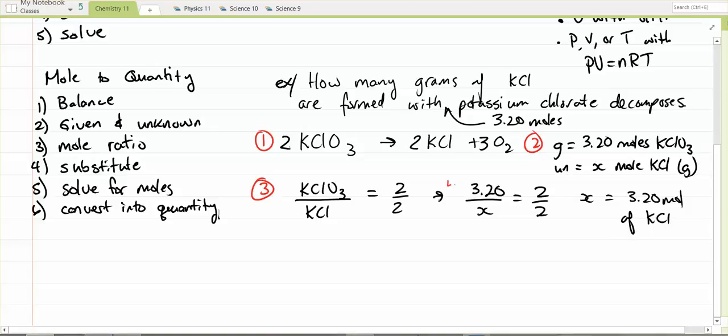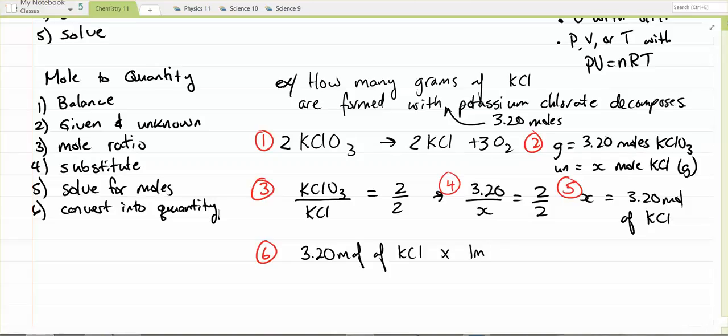So here is step 4, and here is step 5. So that's the same as a mole to mole problem. Now our next step, step 6, is where we use the things we learned in the moles unit. So what we need to do is take 3.20 moles of KCl and multiply it by the molar mass of KCl.